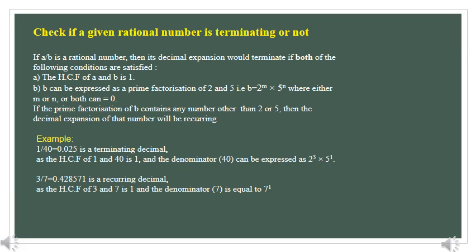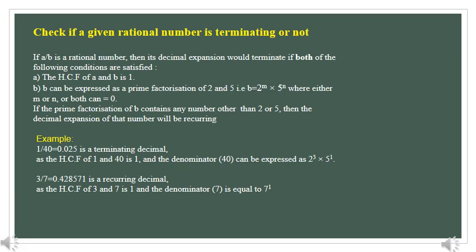Dear students, here we see an interesting method to check whether the given rational number is terminating or non-terminating. If a by b is a rational number, then its decimal expansion will terminate if both the following conditions are satisfied.